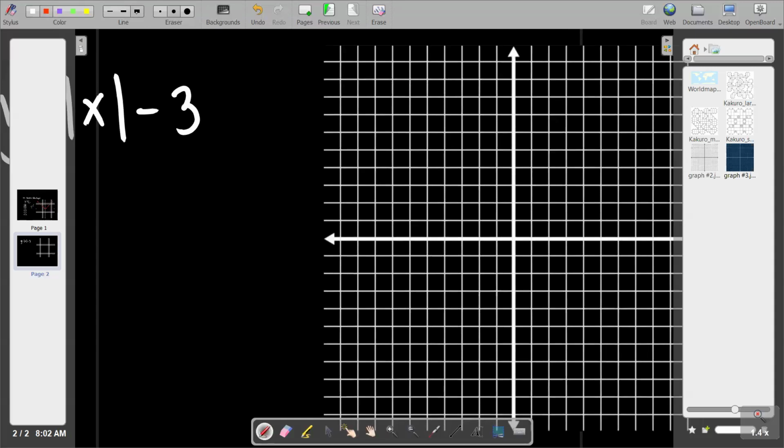And so my vertex is no longer at 0, 0. I go down 1, 2. Oopsie, excuse me. That was an accidental tap. 1, 2, 3, and it's right there. And you shouldn't want to make another table for this because you know what the parent function is going to look like, right? You know it's going to have an arm that heads up in the northeast direction like this, and another arm that heads up in the northwest direction like this.